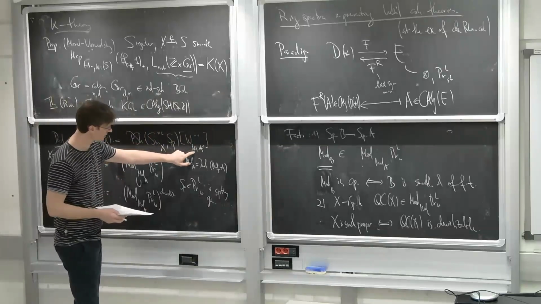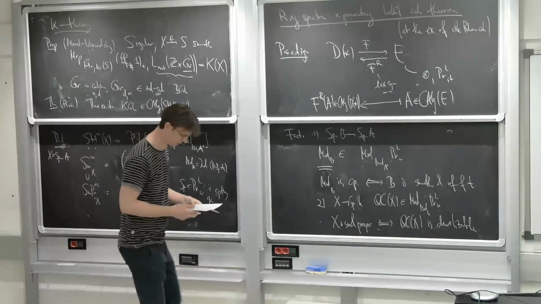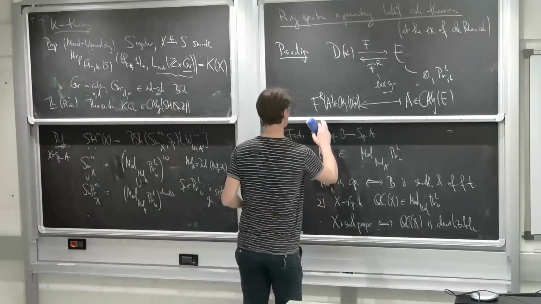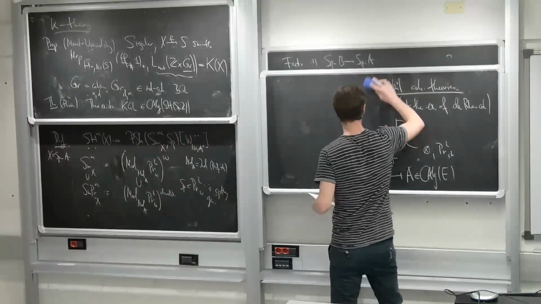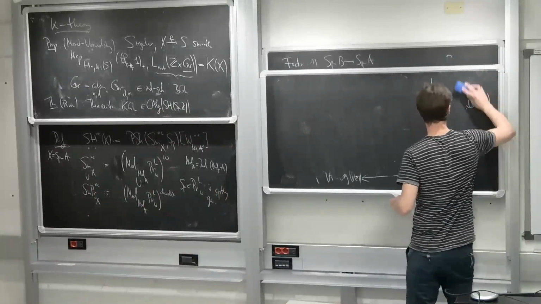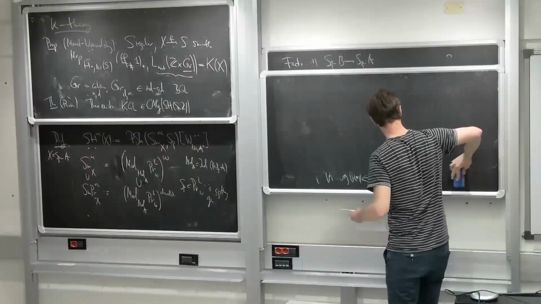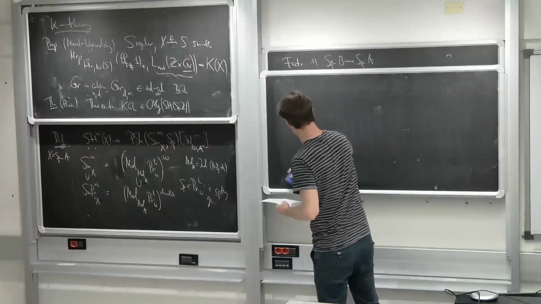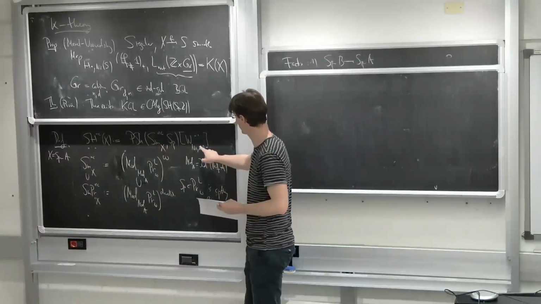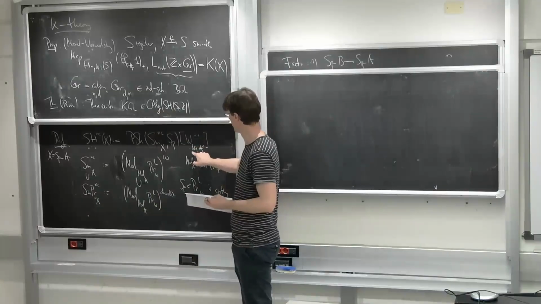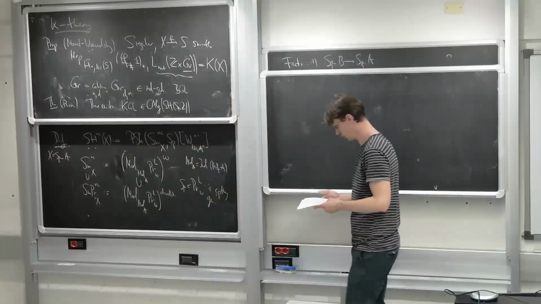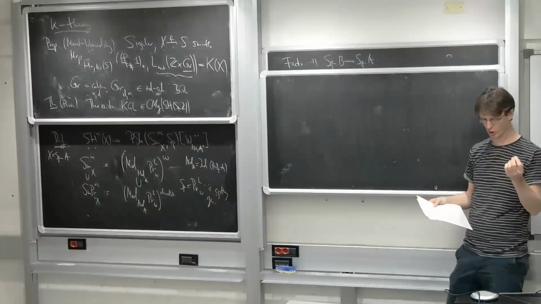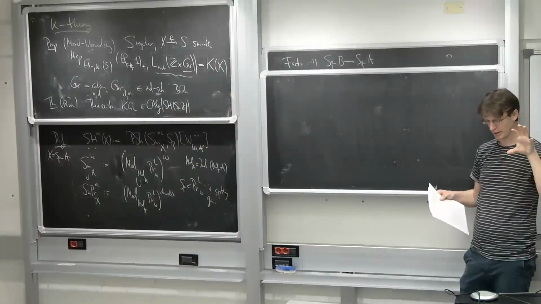Now I have to say something about this Nisnevich topology. I mean, this is maybe a little bit of an overkill here in terms of material, but we want to impose a certain locality condition that resembles something like the Nisnevich topology. And if you think back, the Nisnevich topology was characterized by these distinguished squares, right?